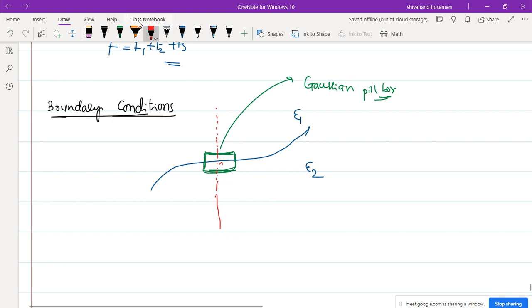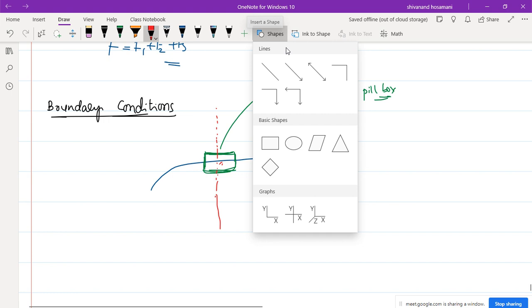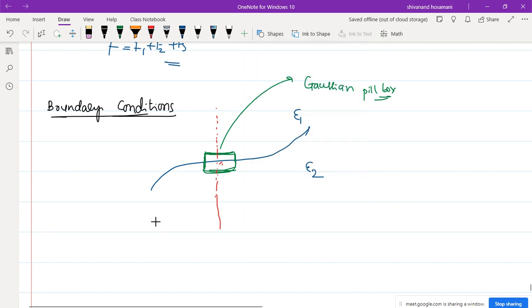Let us consider this electric field which is moving from one medium to another medium. So if it is moving from this medium to another, it is making different angles, different thetas. So let me call this epsilon and this epsilon 1.